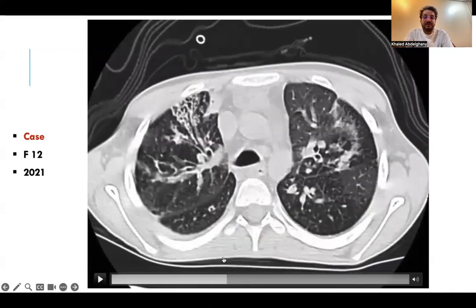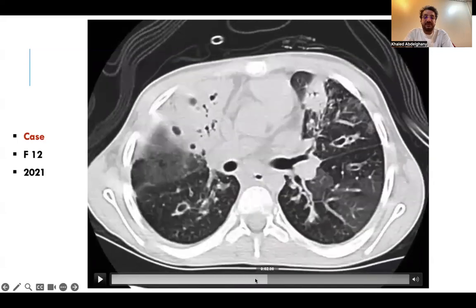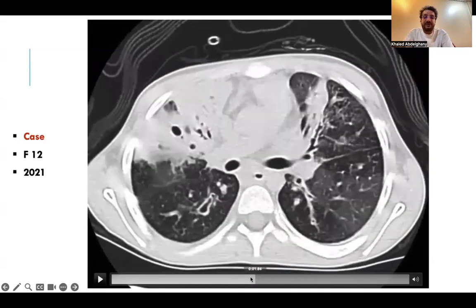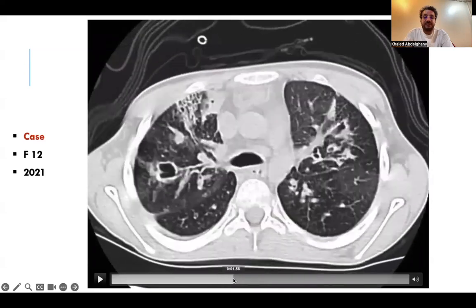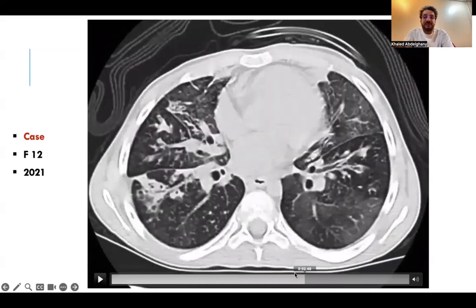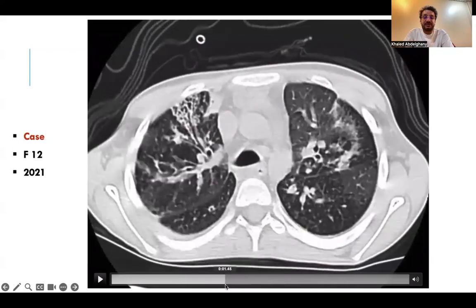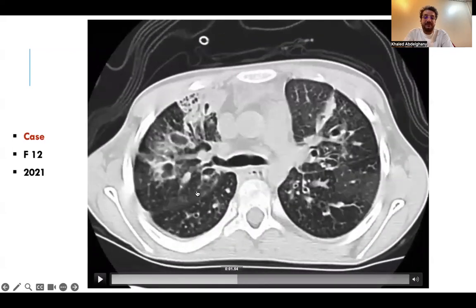Here, the current infection is presented by lobar consolidation in the upper lobes, plus the predominance of bronchiectasis. We have mucus plugging. We have tree-in-bud.